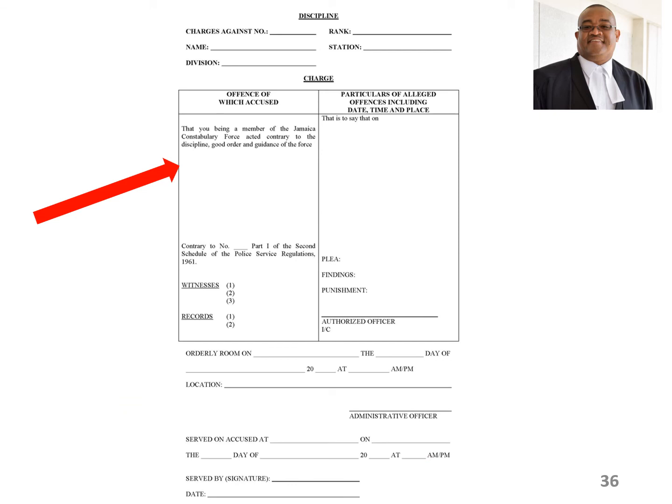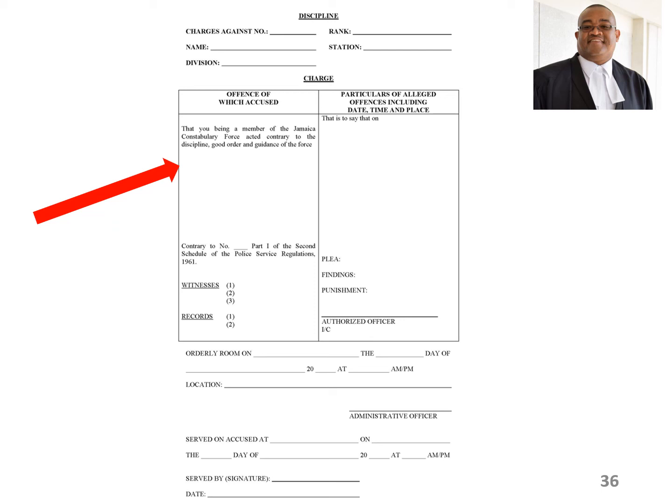We will be comparing the entry that you made on the charge sheet with the extract that we have provided. First, we will look at the left-hand side of the charge sheet, which contains the offense for which the accused is being charged.